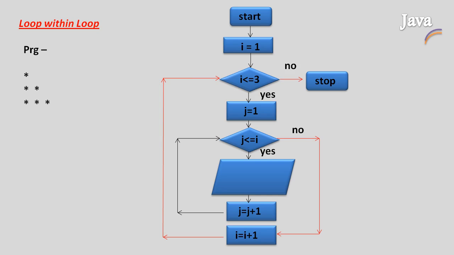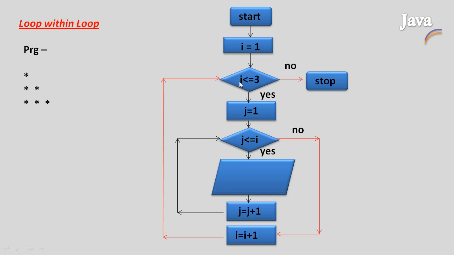What you have to do is remember the values of the variables. Here are 2 variables, one is i and another is j. So you have to remember their values. Let me start how the things will work. The value of i is 1, and if you see in this flow chart, there are 2 loops.